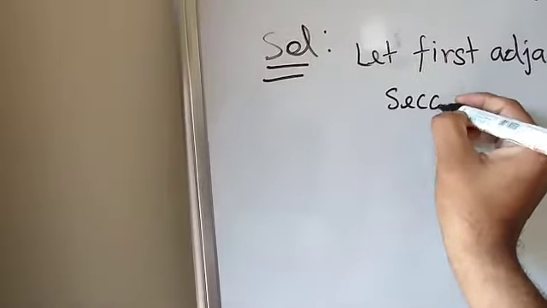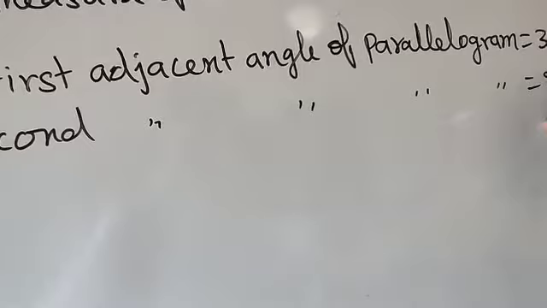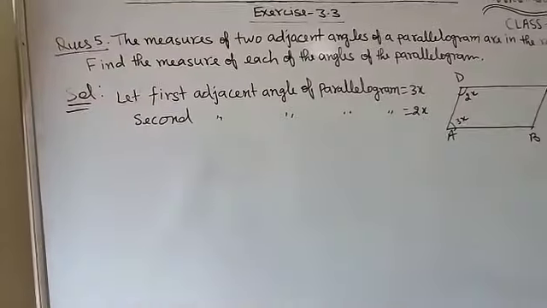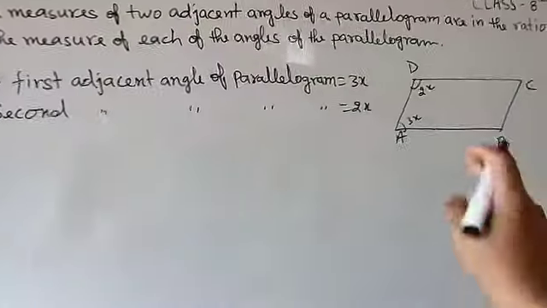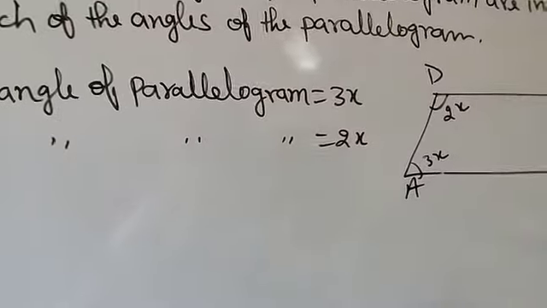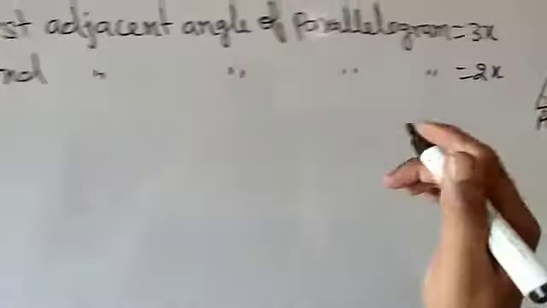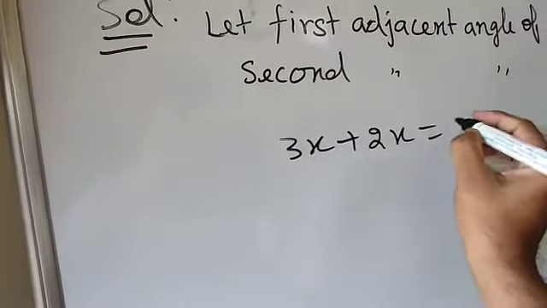Then second adjacent angle of parallelogram equal to 2x. So the ratio was given between the adjacent angles, so I had taken 3x and 2x. Now if these are the adjacent angles, so what is the relation between the adjacent angles of a parallelogram? The sum will be 180 degree. So here you can write 3x plus 2x equal to 180 degree.